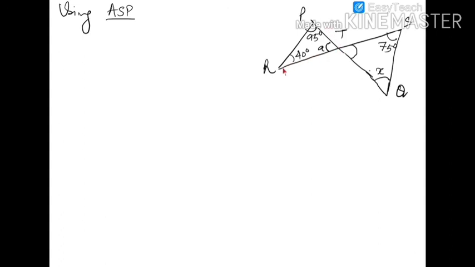Angle PTR and angle STQ are vertically opposite angles because lines PQ and RS intersect at T. So angle PTR is equal to angle STQ, reason: vertically opposite angles.